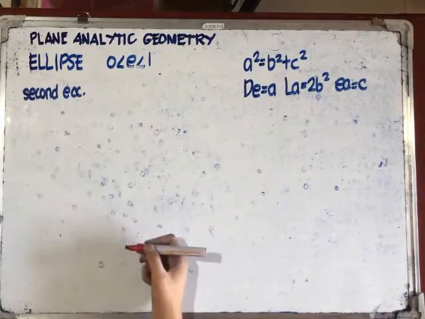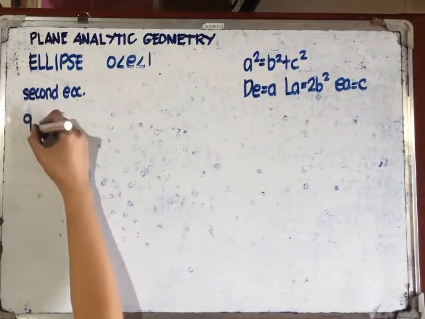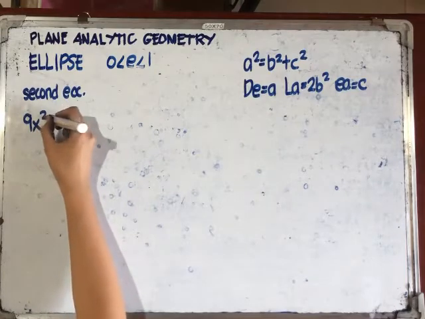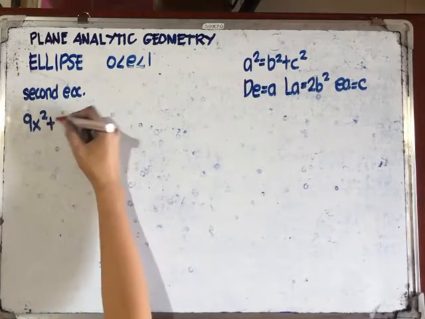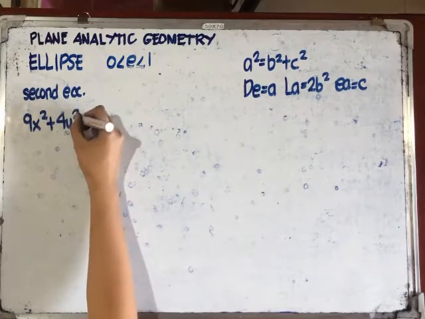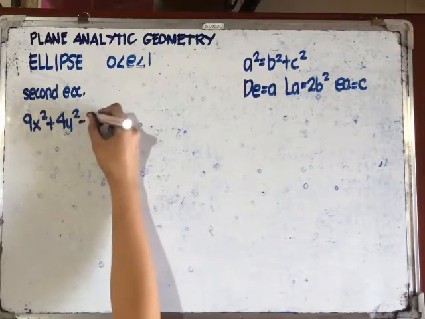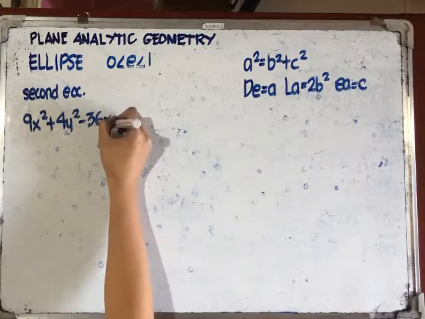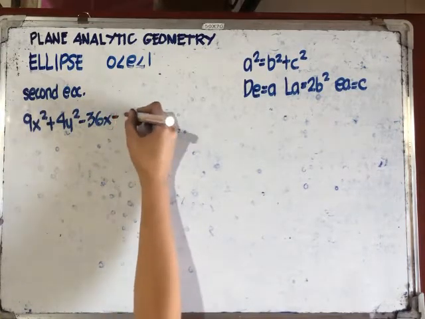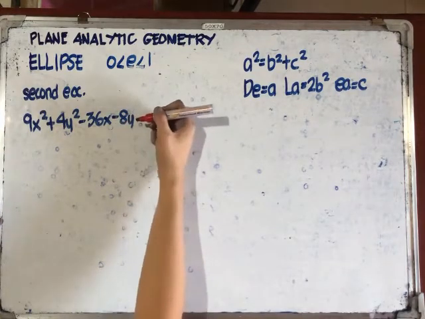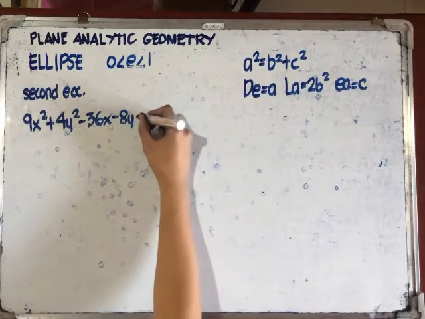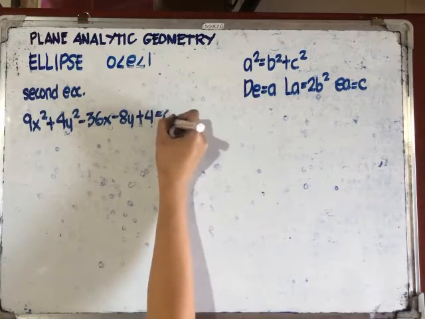Lagay ko na lang. Given sa atin is 9x squared plus 4y squared minus 36x minus 8y plus 4 is equal to 0.